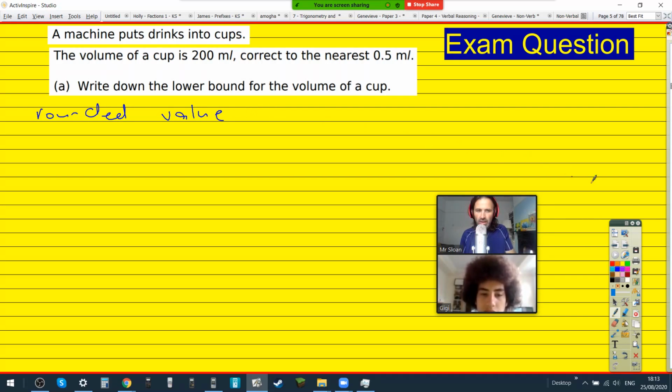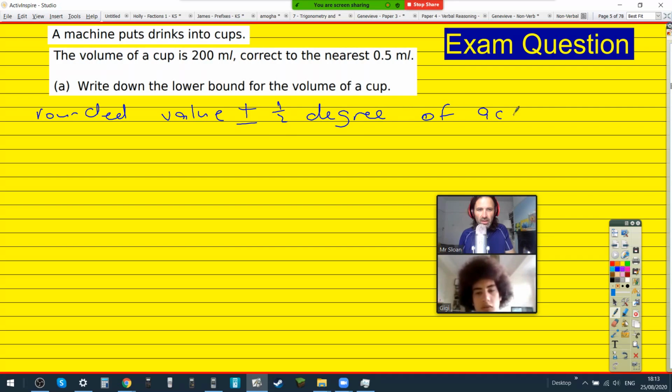Because you have to do half above it and half below it, it's always the rounded value plus or minus half the degree of accuracy. Yeah, half the degree of accuracy.